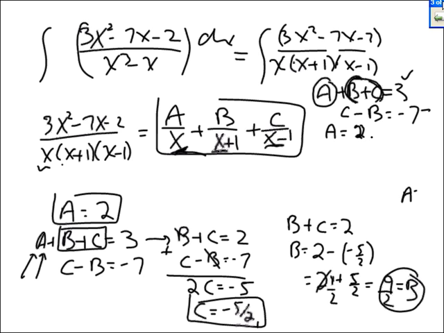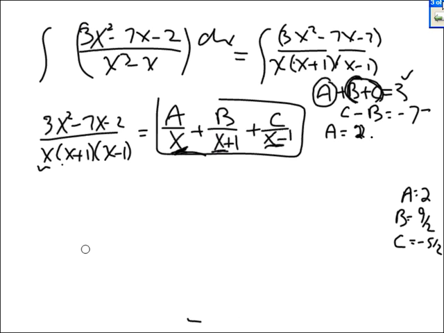So a is 2, b is 9 halves, and c is negative 5 over 2. Alright. Not a big deal. A lot of work just to find out what the a's and the b's and the c's are.